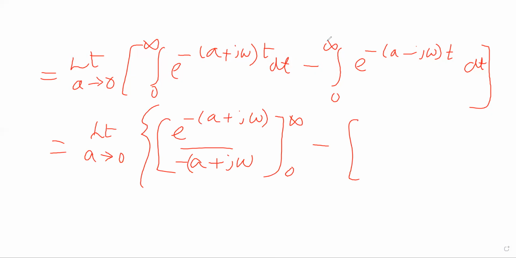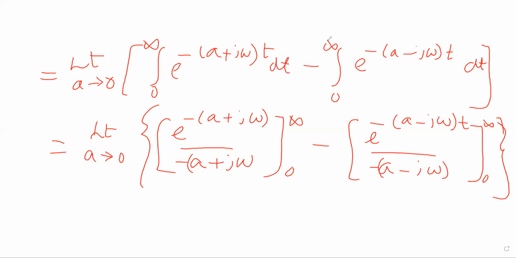The second one would be e to the power minus a minus j omega t by minus a minus j omega. This is also with limits 0 and infinity. Okay, now putting the limits, we get limit a tends to 0.